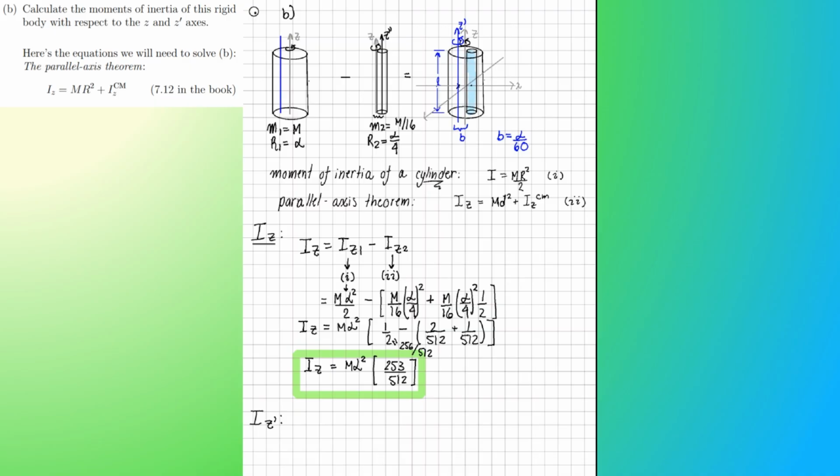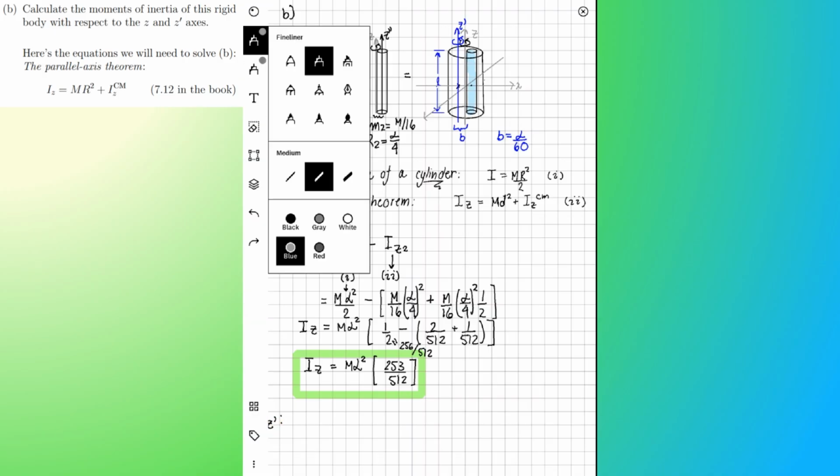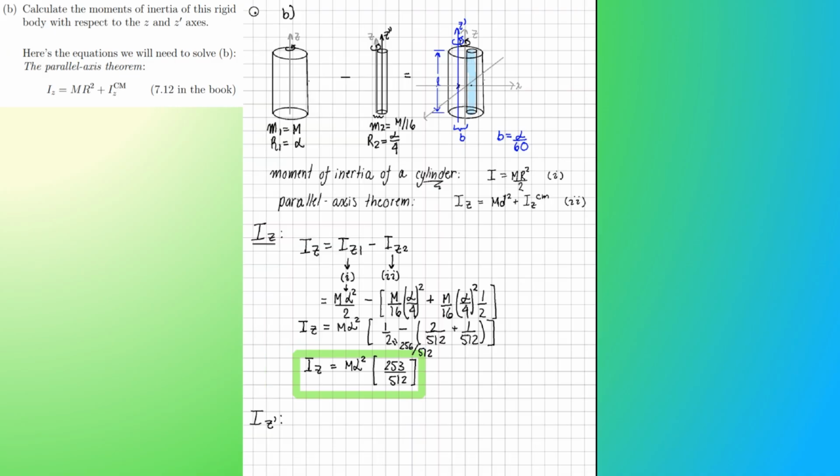Actually, we don't even need to draw it for the other cylinder. We can just use equation number 2 because we already have this, so we can isolate the moment of inertia around the center of mass, because the z prime axis is at the center of mass.